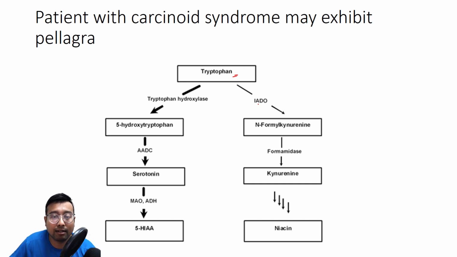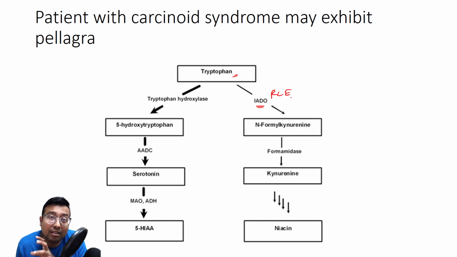It is converted to the product N-formylkynurenine by the enzyme indoleamine dioxygenase. So remember, this is the first rate limiting enzyme. Indoleamine dioxygenase actually diverts tryptophan to niacin formation, right?